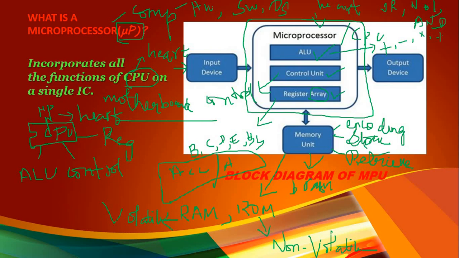This input device will give the input to the memory unit, because the input will be in the form of a user language. If I am giving an input in English, this input device will give the English input to the memory unit.